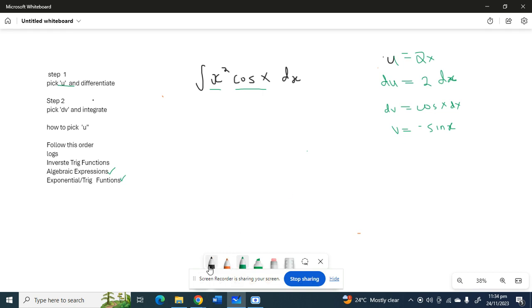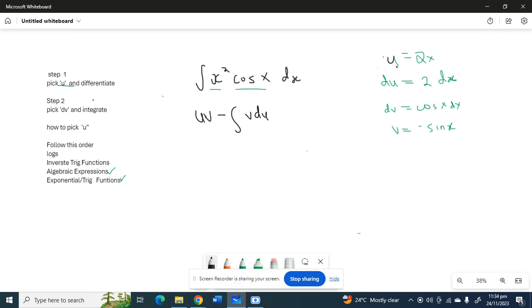So now, once we've got our important variables, we put the formula: uv minus the integral of v du. Always when you're integrating by parts, this is the formula you'll be using.